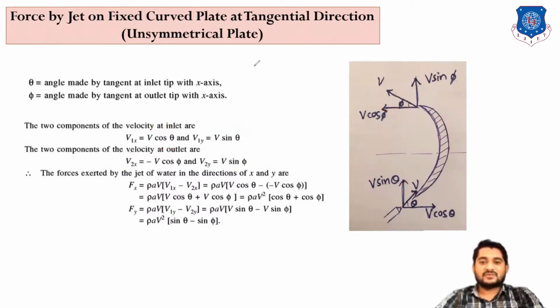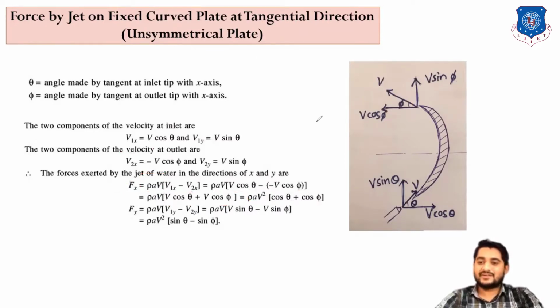Let us take the equations of Fx and Fy. So Fx is equal to mass flow rate, that means rho a v, into v1x minus v2x. We have already found the values of v1x and v2x, so let us put them here: rho a v into v cos theta plus v cos phi, so it is equal to rho a v square into cos theta plus cos phi.